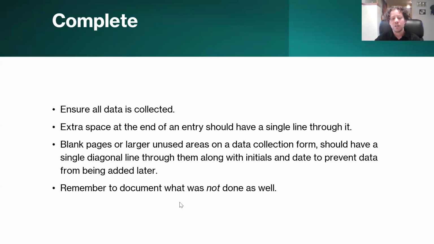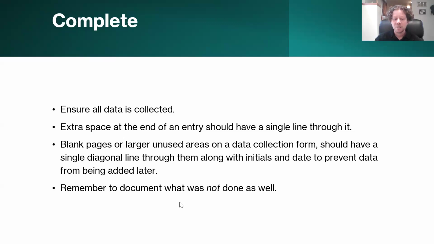Blank pages or larger unused areas on a data collection form should have a single diagonal line through that area, along with initials and date of the person that filled that out, to prevent data from being added after the fact. And also remember just to document what was not done as well as what was actually done. So all of it's important.